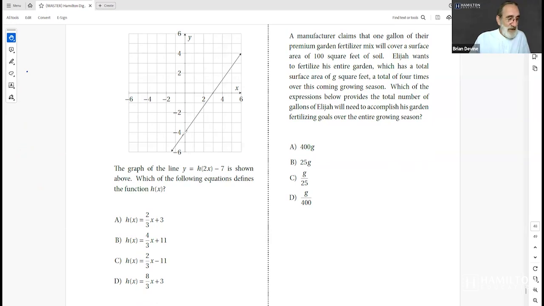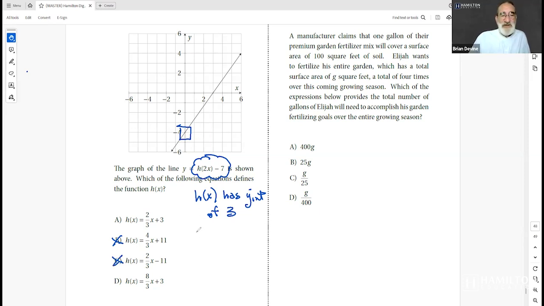Well, we can see something right here: for us to have h of 2x minus 7 with a y-intercept at -4, h of x must have a y-intercept of 3. So it's not going to be B, and it's not going to be C.